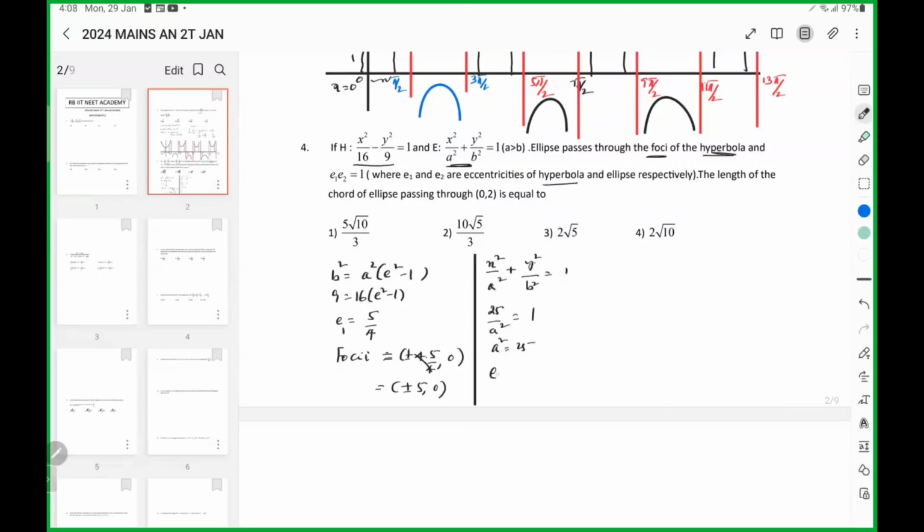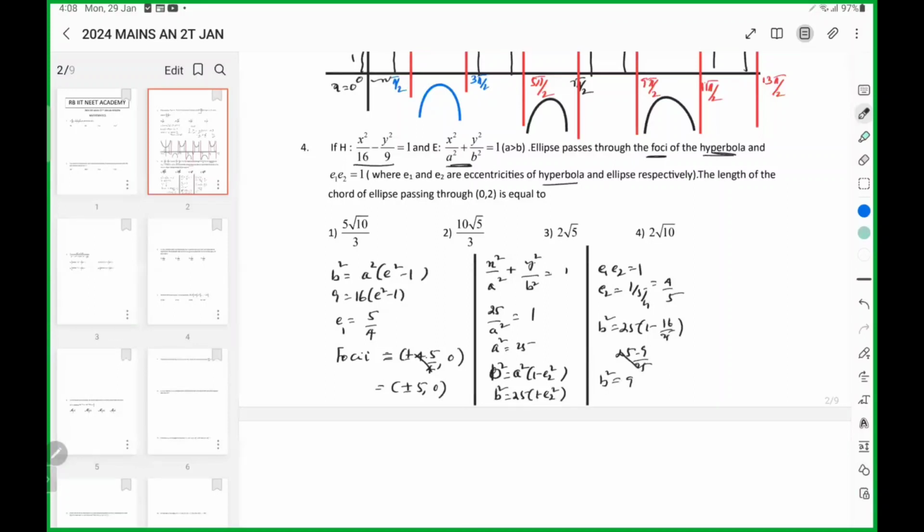Eccentricity of the ellipse is e2. It is given that e1 e2 is 1, so e2 will be 1 by 5 by 4, which is 4 by 5. So b square will be 25 into 1 minus 16 by 25.